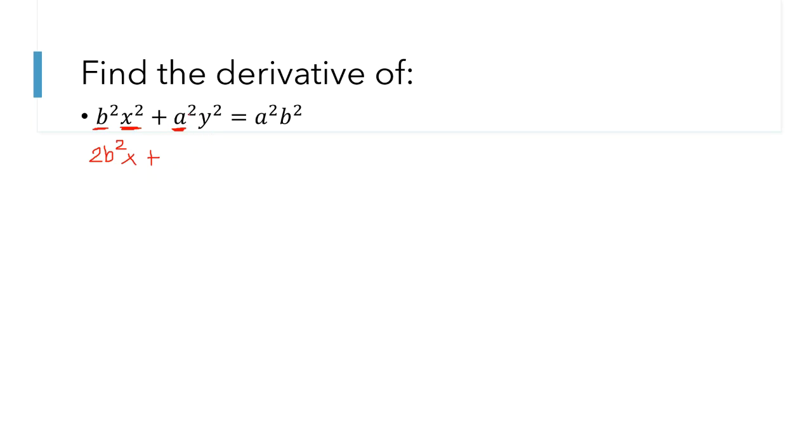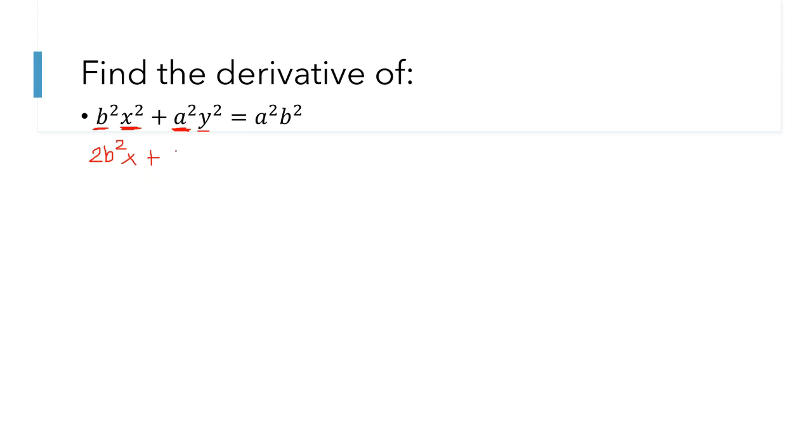So a squared is a constant, meaning to say we have to copy this and we have to derive y squared. Now the derivative of y squared, the same way of deriving our x squared, but again we have to multiply y prime whenever we derive a variable y.